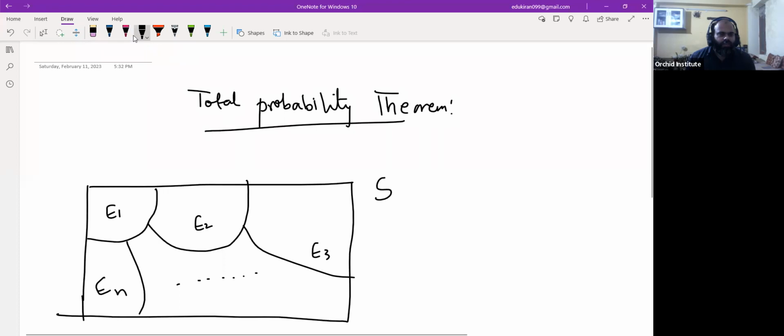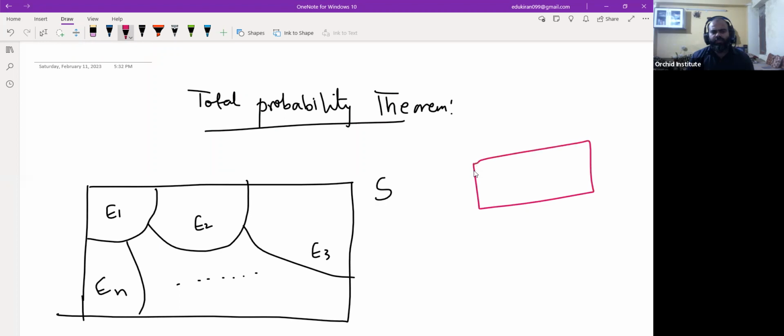So a few things which you can observe in this sample space and these events, that all of these events are mutually exclusive. That means there is nothing common between two events. It is not like this that we have E1 here and then E2 here. In that case, this is common. But in the figure which I have drawn, there is nothing common between E1, E2, E3, and so on.